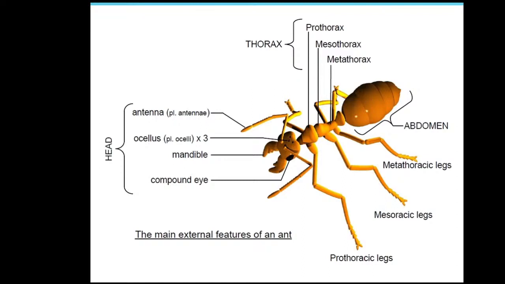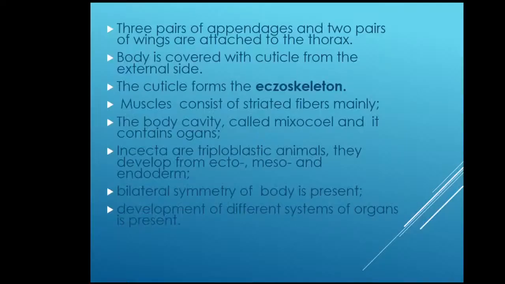After the thorax, the segmented abdomen is present. So, three pairs of appendages and two pairs of wings are attached to the thorax.